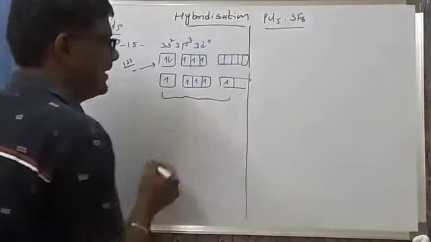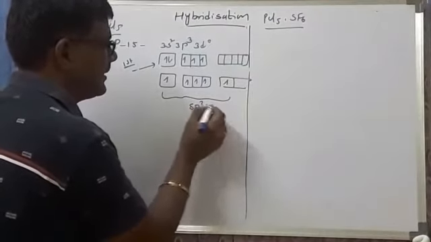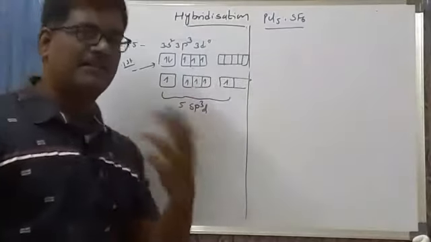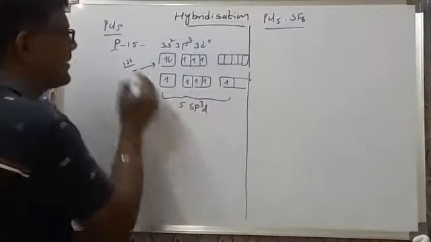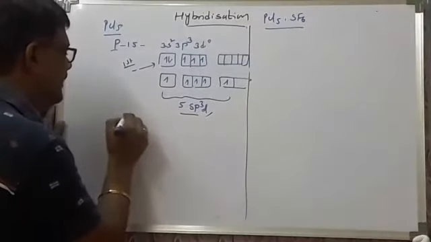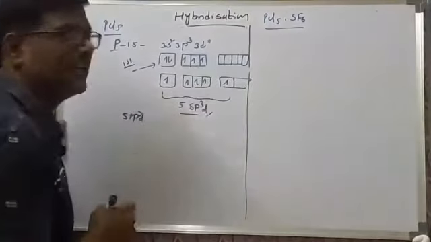In this excited state, it undergoes suitable hybridization, called sp3d hybridization, which gives you 5 sp3d orbitals.